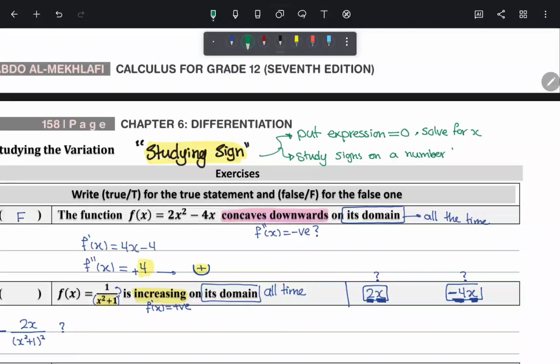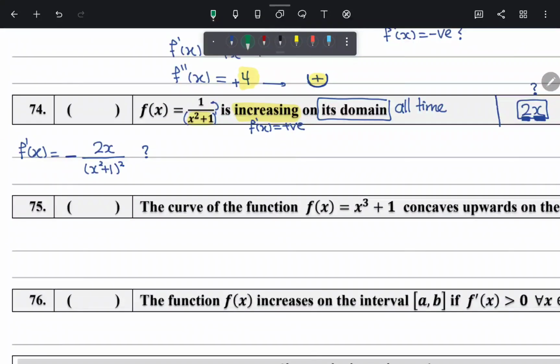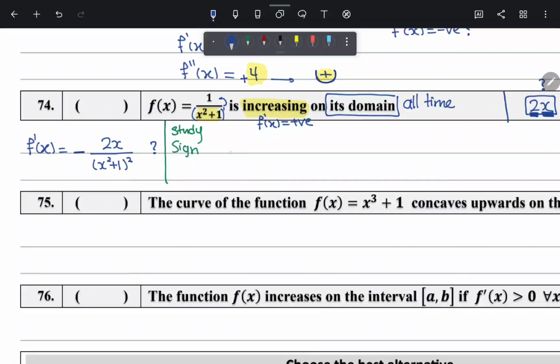I'll show you now how. First step, I'll put the expression equal to 0. Let's write here what we want to do: we want to study sign. So we take the expression, which is minus 2x over x squared plus 1 all squared, and make it equal to 0.